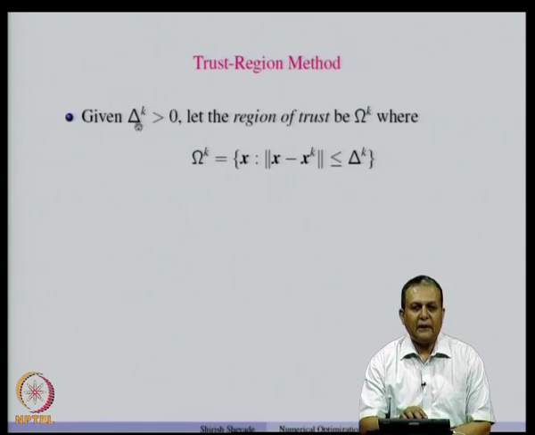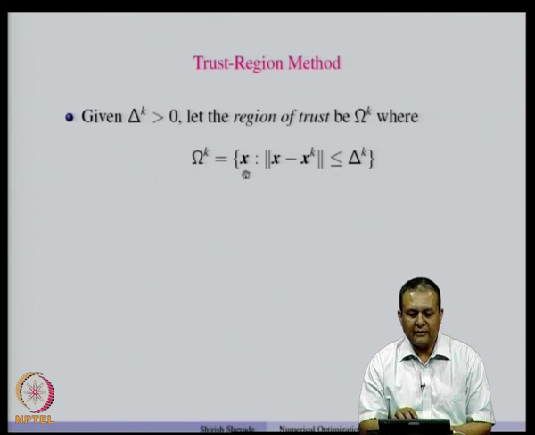Now, suppose delta k is a positive quantity which is given to us, then one can define the region of trust to be omega k, defined as the set of all points around x k which are at a distance at most delta k from x k. This norm is typically a Euclidean norm.